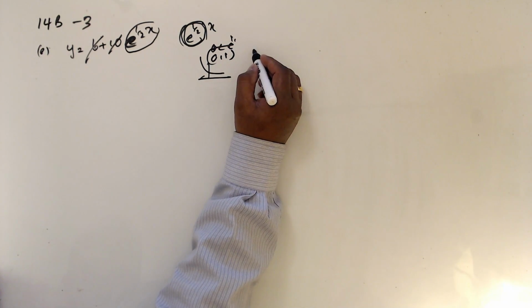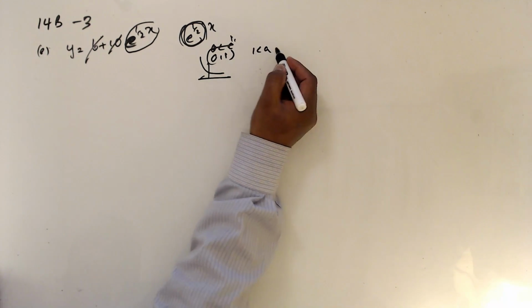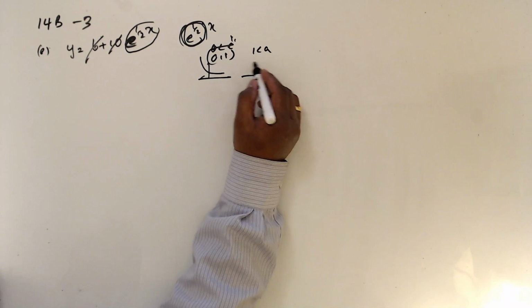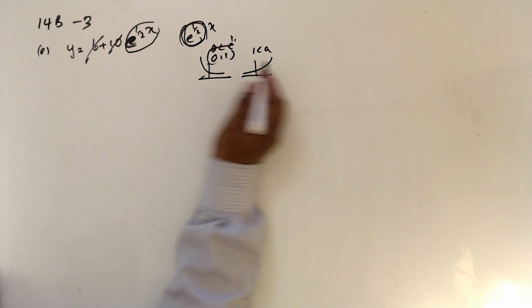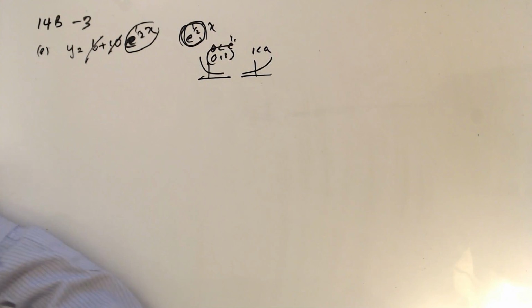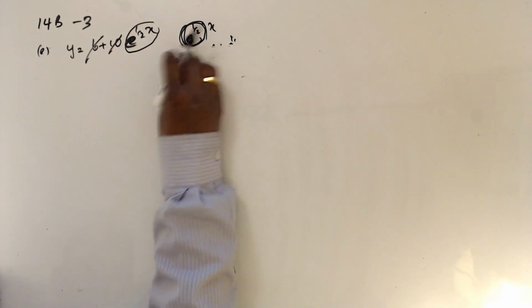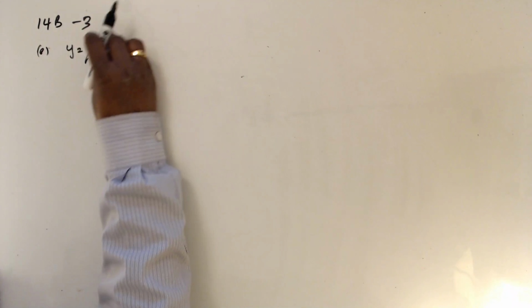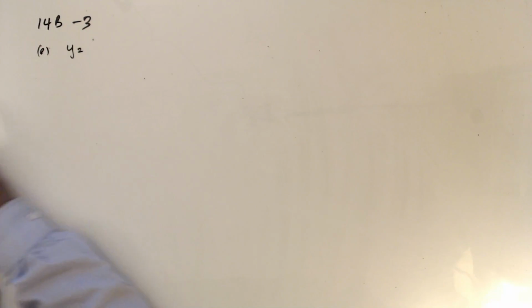If it is greater than 1, the graph is going to be like this. When you look at this one, you want to get an idea by looking at it, what direction.